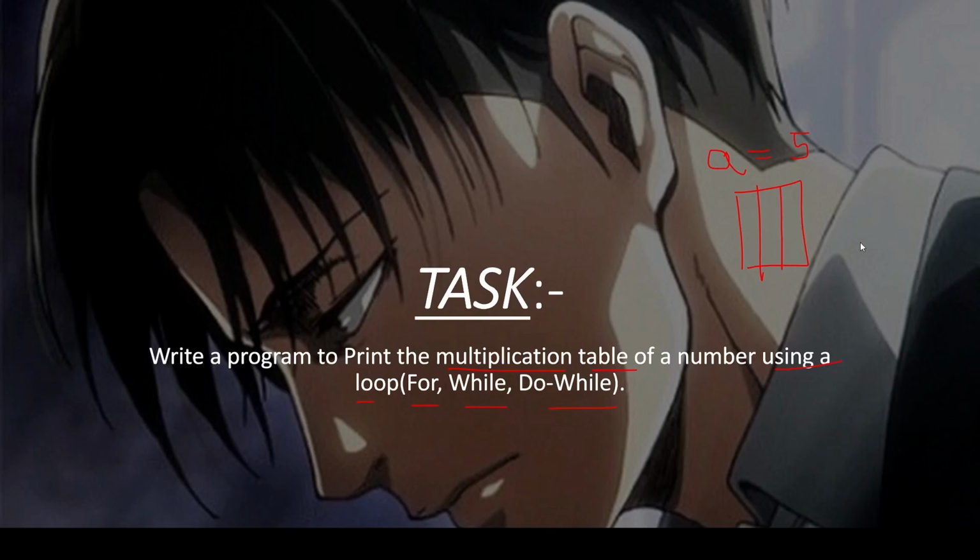As you all learned the multiplication table in elementary classes, like 5 1s are 5, likewise 5 2s are 10. Similarly you have to print the output using all these three loops, for, while and do while. So now let's get started to code this problem.